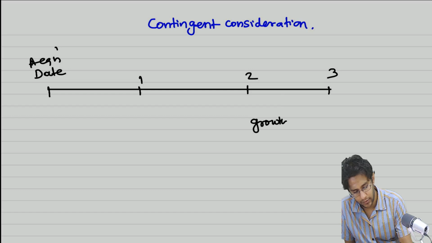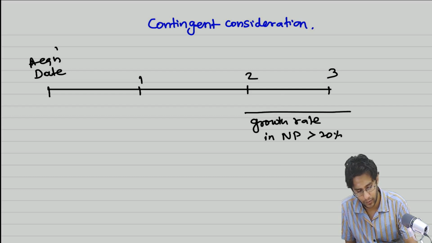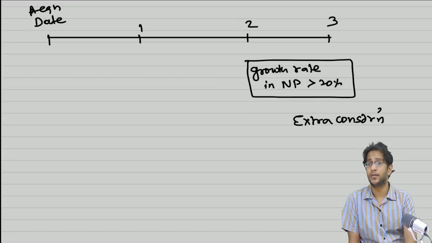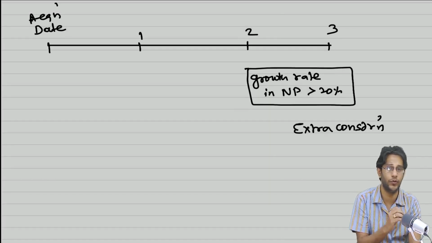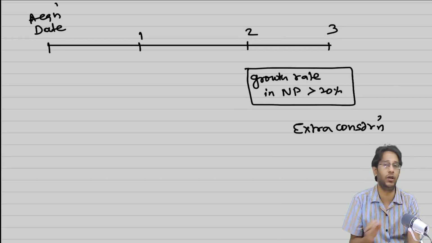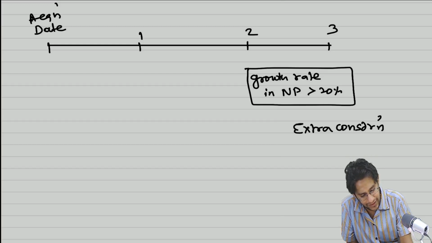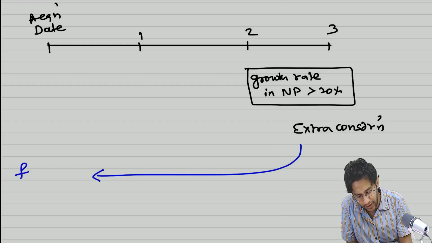If the growth rate in net profit exceeds 20%, we will pay you some extra consideration. What our standard says is, since this is not a certain amount which you are going to pay, there is no need for you to recognize the entire thing at present value. So for this, go and determine the fair value as on today.